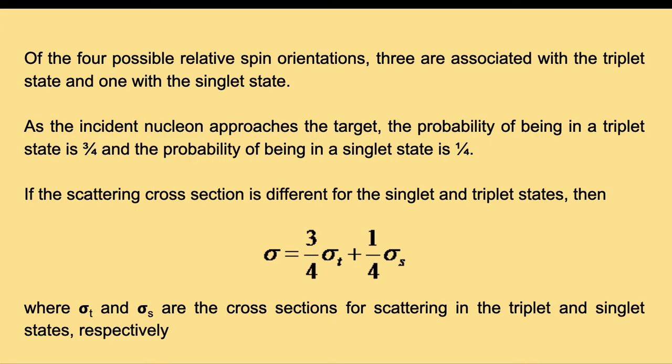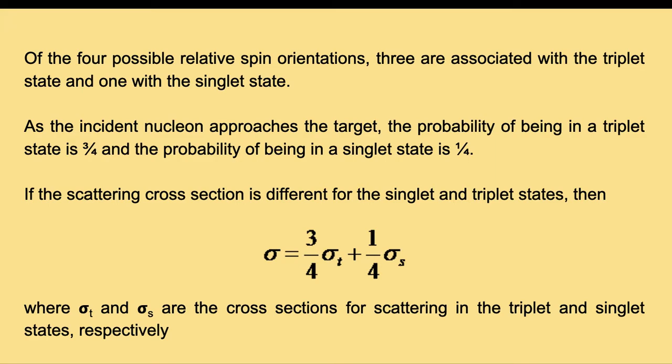Of the 4 possible relative spin orientations, 3 are associated with the triplet state and 1 with the singlet state. What you can assume is that there is a possibility for any of these 4 to arise.